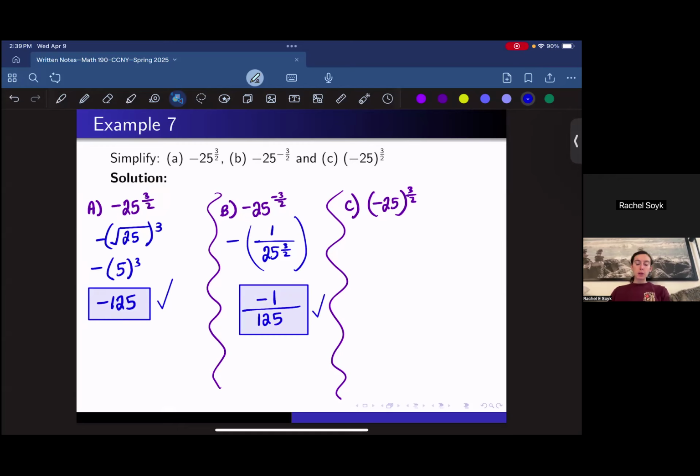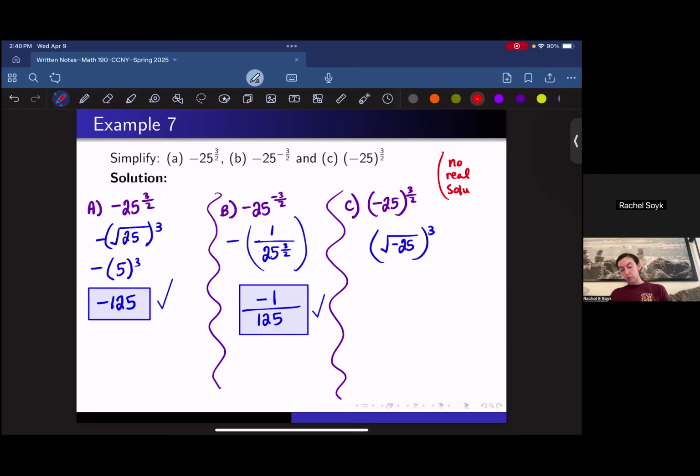And then finally, part C, the negative is now inside the parentheses. So we're looking at the square root of negative 25 and cubed. And because the square root is an even index, we know straight off the bat there's no real solution here.